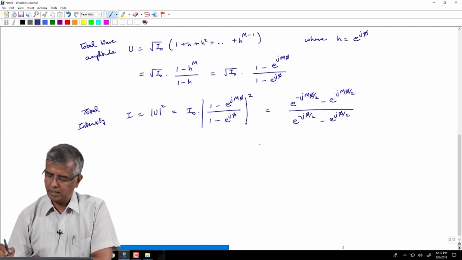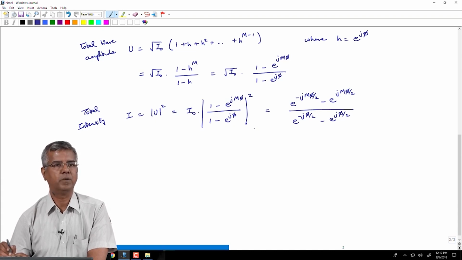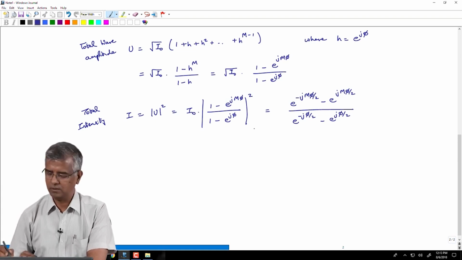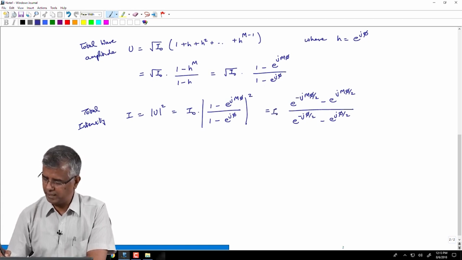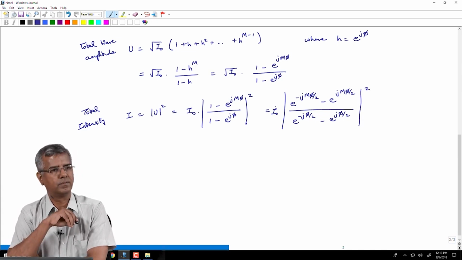I would have an e power j M phi by 2 term outside in the numerator and an e power j phi by 2 term in the denominator, but when I take the magnitude, that will be 1. So, I can just write this as I naught times this, right.